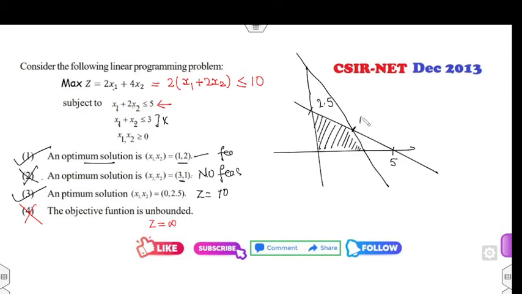These coordinates are 1 comma 2. So you have the three coordinates. Any point on this line means z is less than or equal to 10. It has infinitely many solutions because any point which lies on this has solutions.